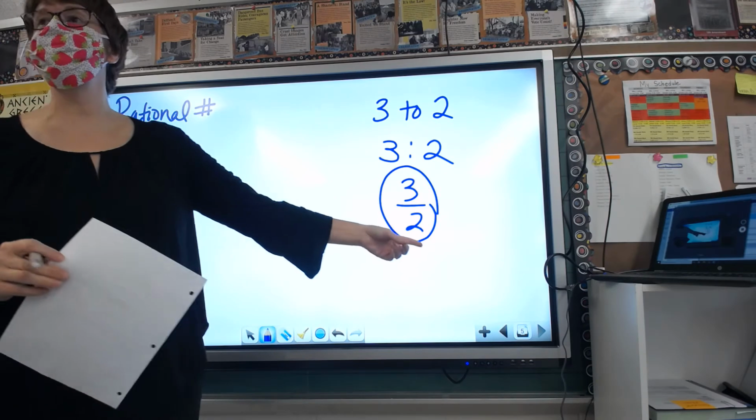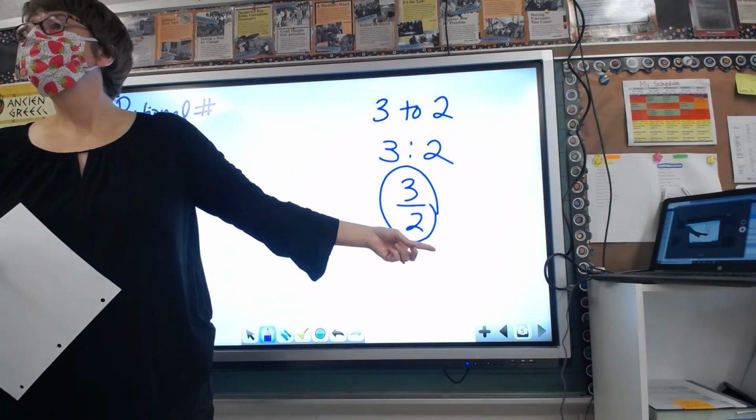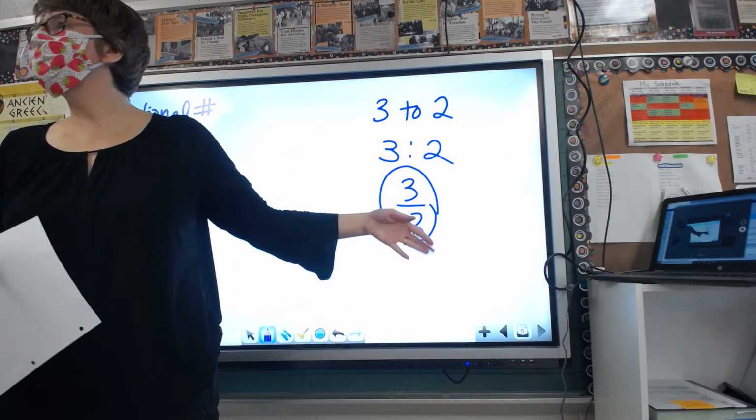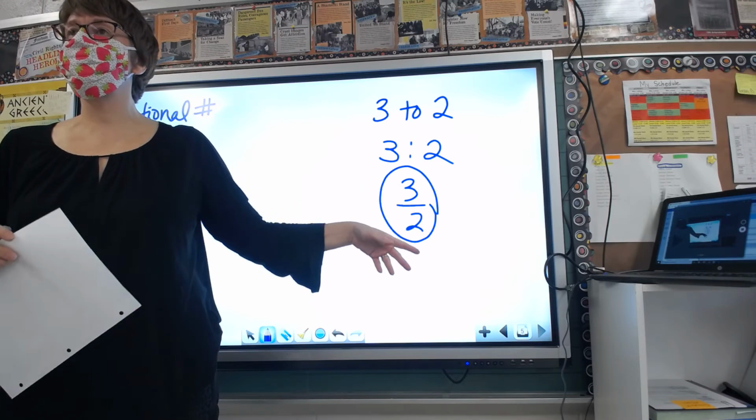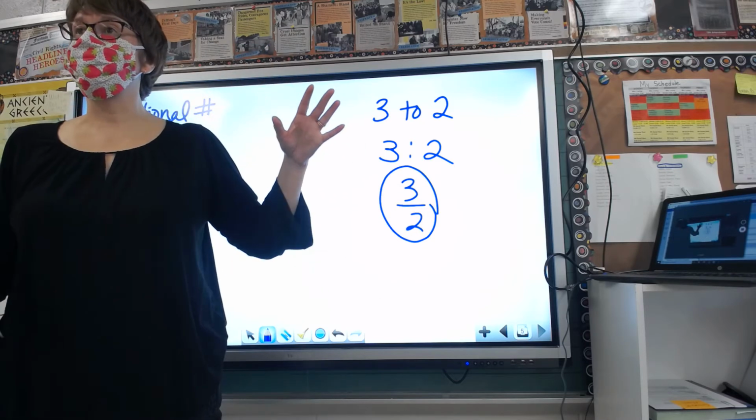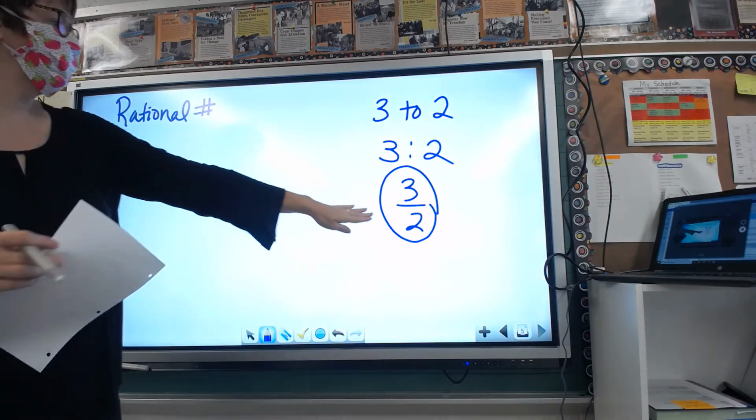Rational numbers can be written as a ratio, a fraction. So if you can write a number in fraction form, it's rational. It can be put into a ratio, rational.